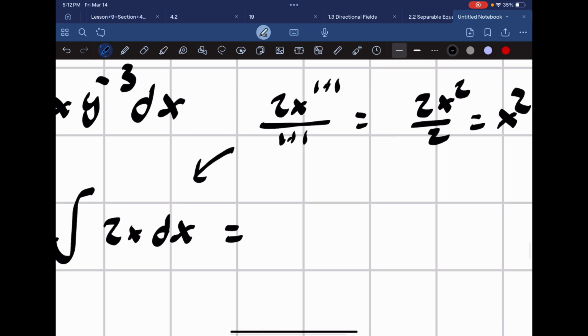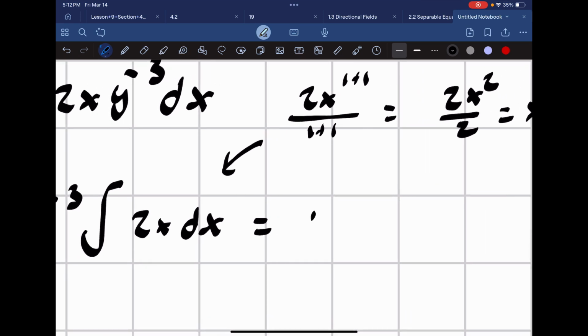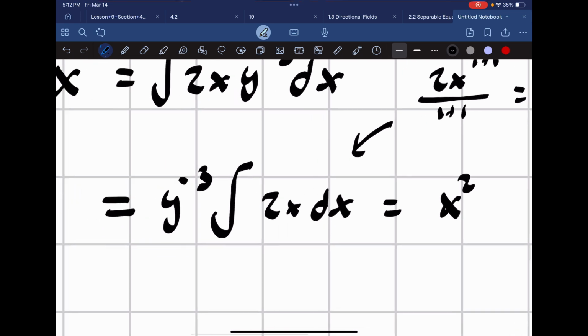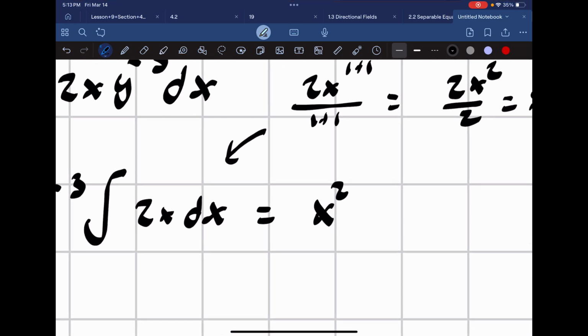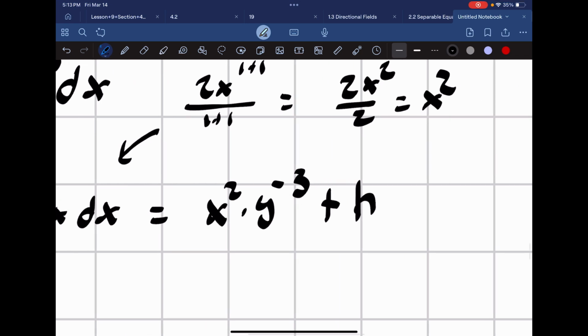So now we have our integral is x squared times y to the -3 plus this.